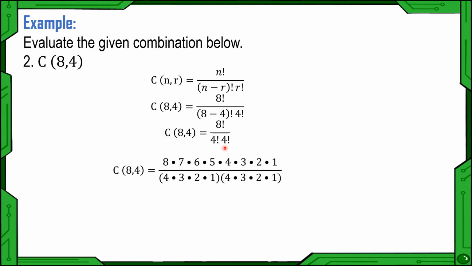And then simplify. For our numerator 8 factorial, we have 8 times 7 times 6 times 5 times 4 times 3 times 2 times 1 over the 4 factorial. So this is 4 times 3 times 2 times 1, and the other 4 factorial in our denominator. So this is 4 times 3 times 2 times 1.